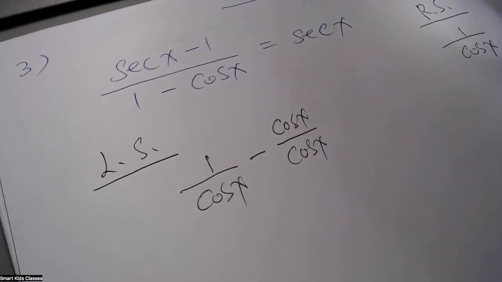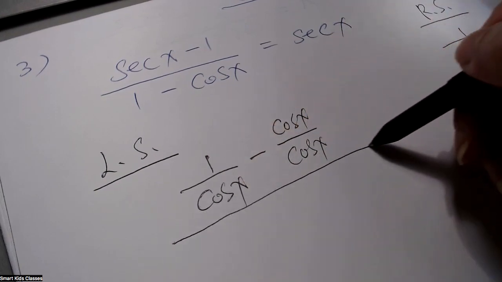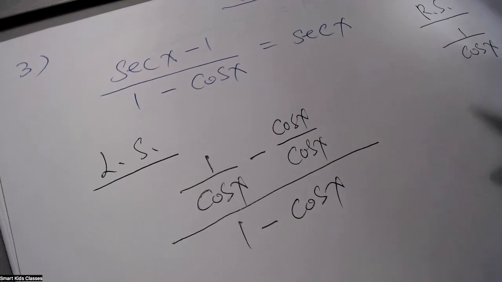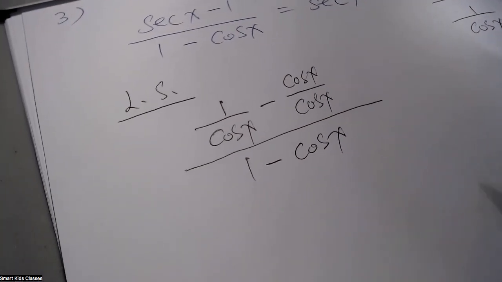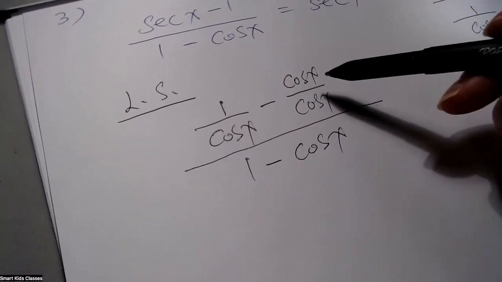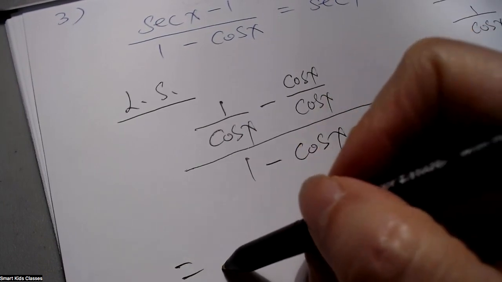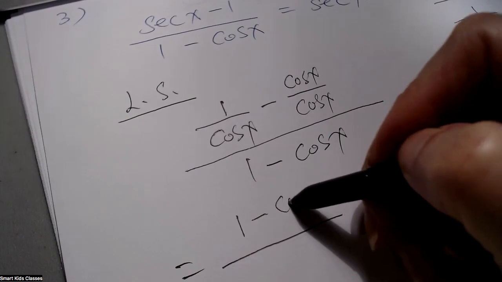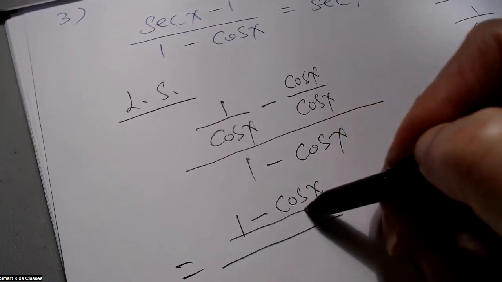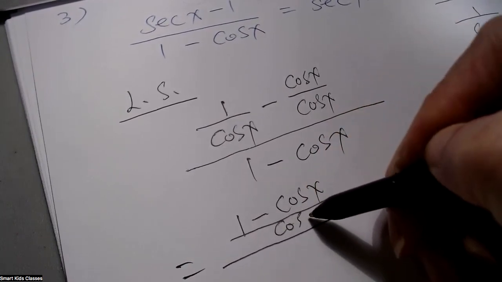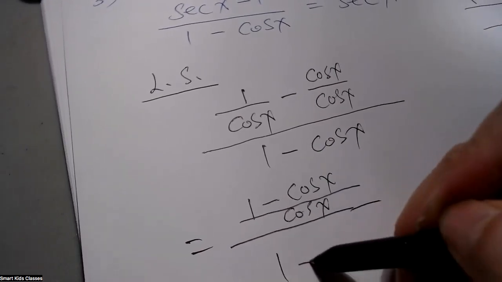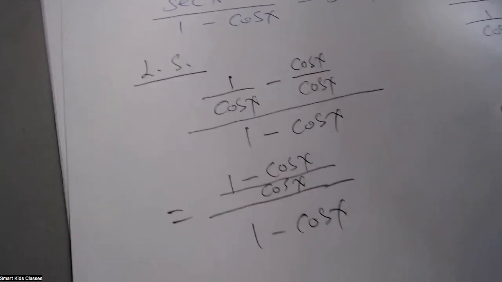So it's over 1 minus cosine x. So we are going to simplify the numerator first. It will be 1 minus cosine x over cosine x. Now the denominator is 1 minus cosine x.